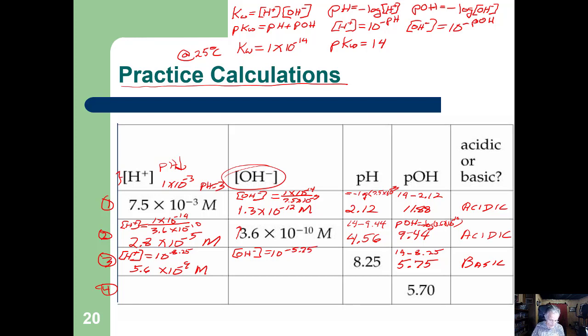And so that's just going to be second log minus 5.75. And that gives me, it looks like, 1.8 times 10 to the minus 6 molar, and that's in hydroxide ion in our basic solution.